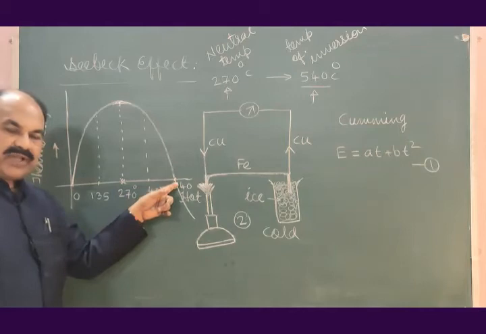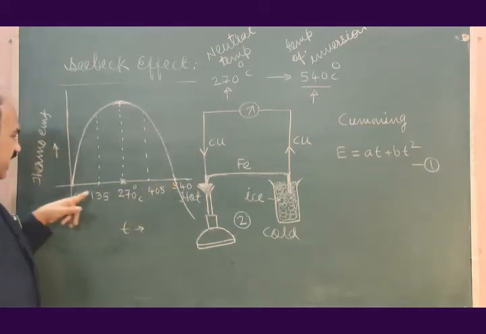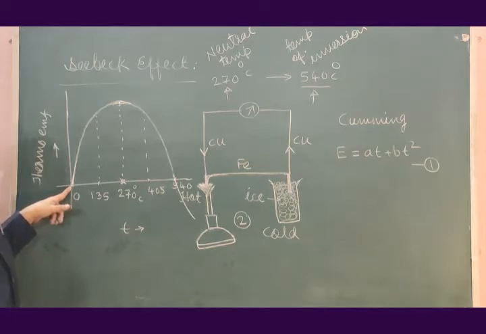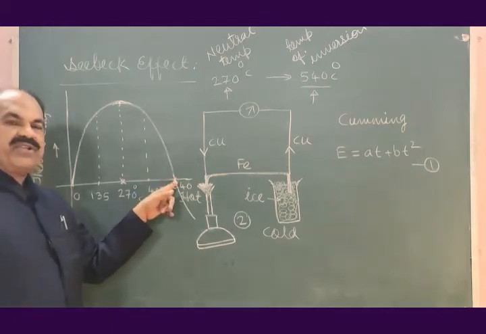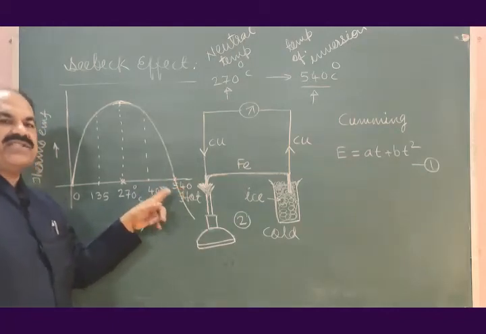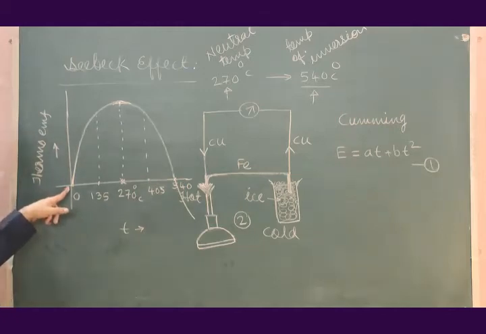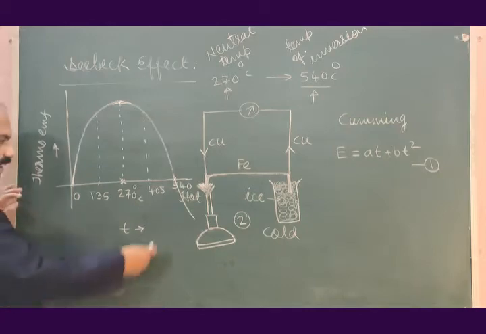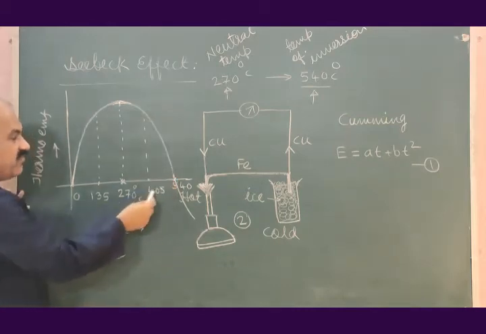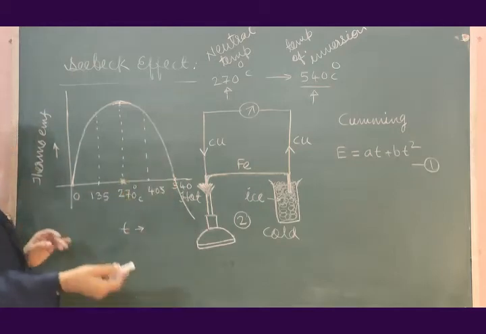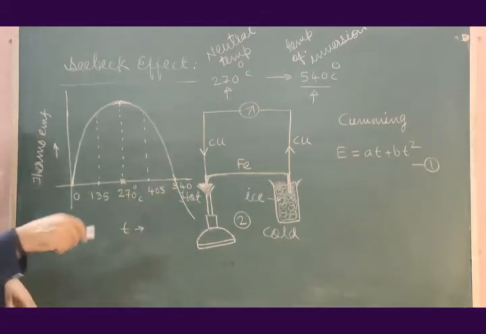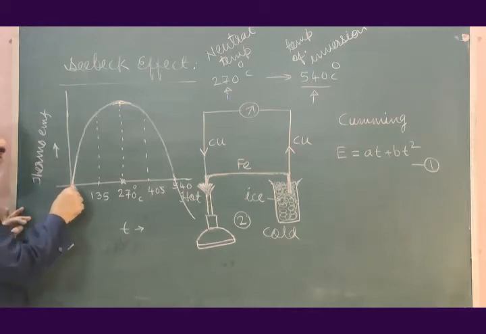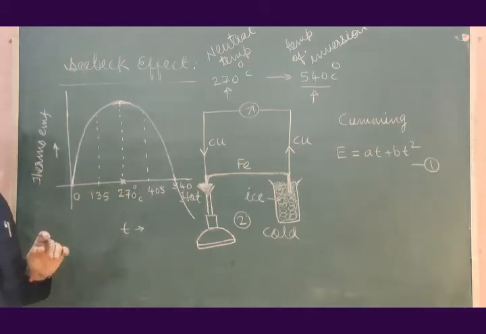The value of the temperature of inversion varies as the value of the temperature of the cold junction varies. The temperature of inversion will be above the neutral temperature by the amount by which the temperature of the cold junction is below the neutral temperature.